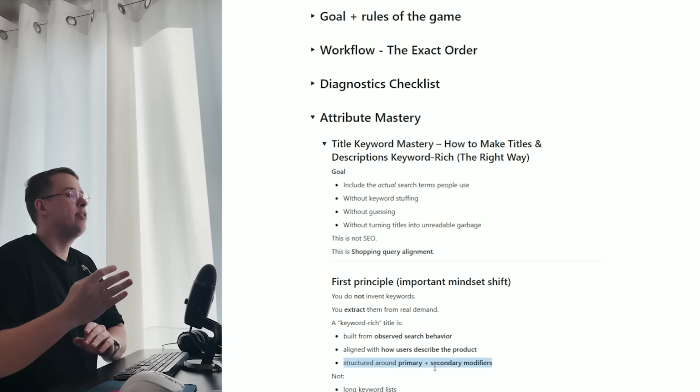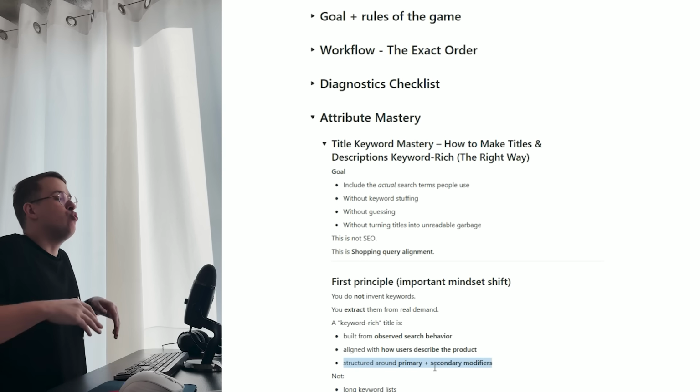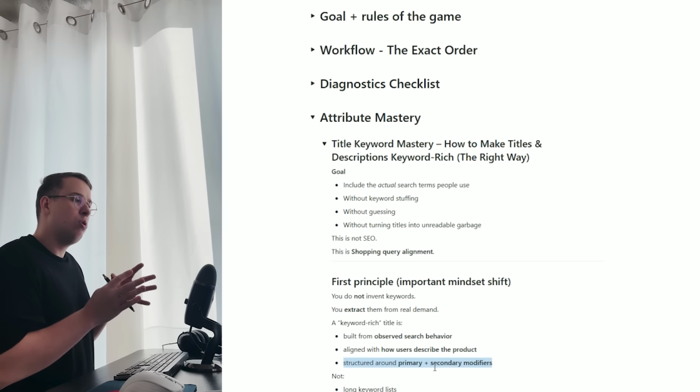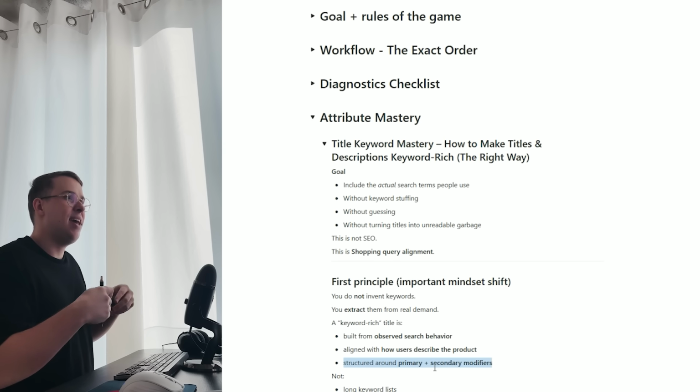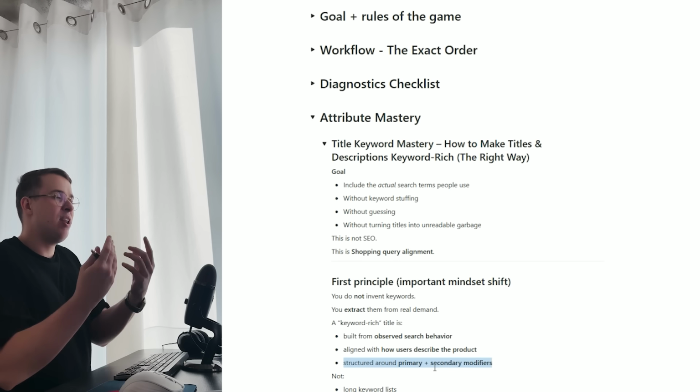With the secondary modifier, you niche it down a bit more to make it as relevant and as accurate as possible. So the secondary modifier should make it more detailed, but only with the goal, and that's important, to make it more relevant for our actual target audience. If it does make sense, fine, but if you add random modifiers that are actually not relevant, then it's not good.